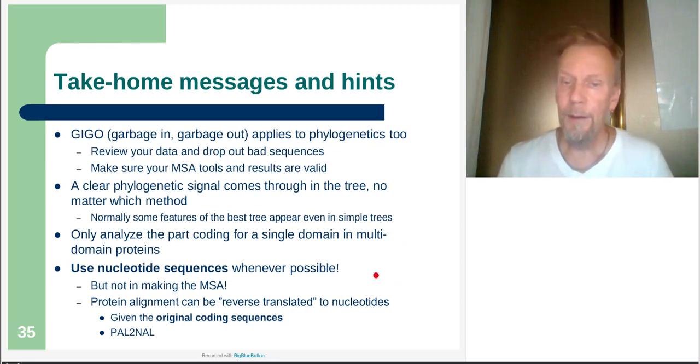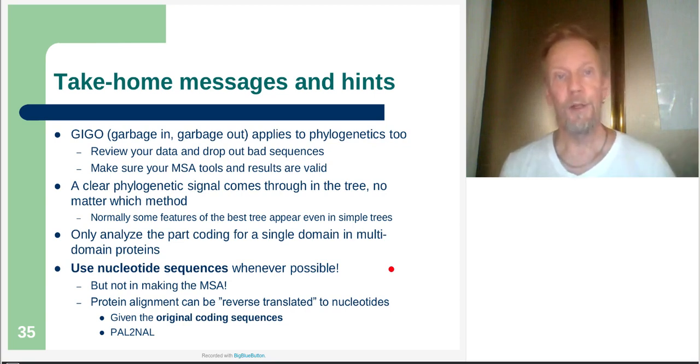And then the use of nucleotide sequences is recommended in phylogenetic inference because then you have more data to work on. You have the silent mutations or synonymous substitutions to give more differences between cases where the protein alignment would have an identical amino acid.